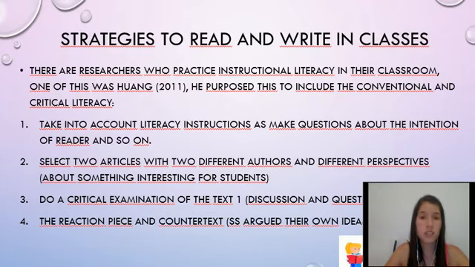He makes some discussions, reading comprehension, and then he did a questionnaire with the students about the first reading, and then he gives the students the second article and does a discussion too, and then students make a comparison between them, and he shared the reaction piece and a counter text in a writing text where the students argued their own ideas about the topic.